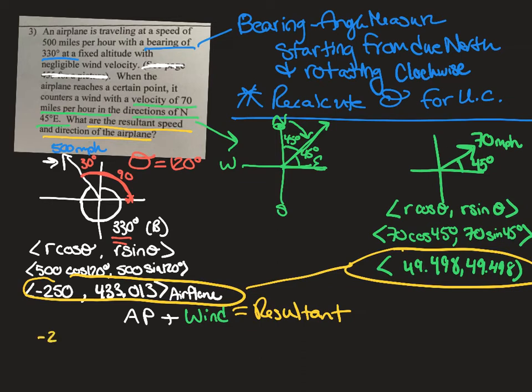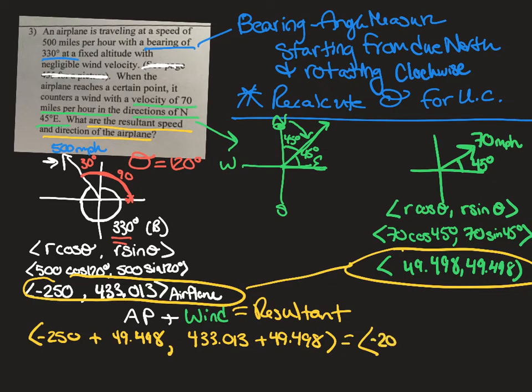So I'm doing negative 250 plus 49.498, comma, 433.013 plus 49.498. So I'm going to add the x's and add the y's to get my answer. So I'm just going to grab my calculator. Make sure you take that negative with the 250.